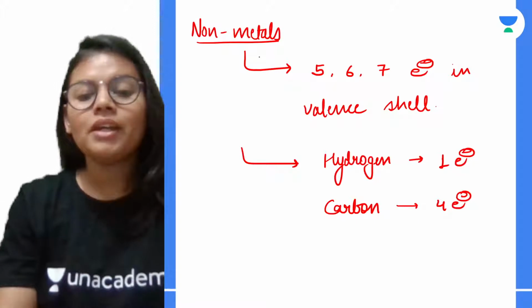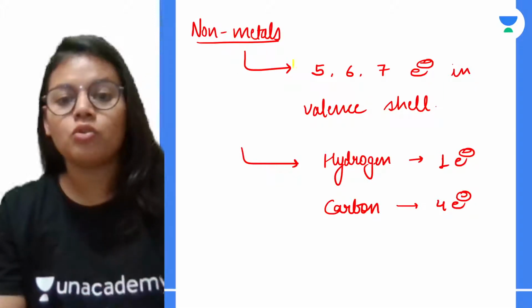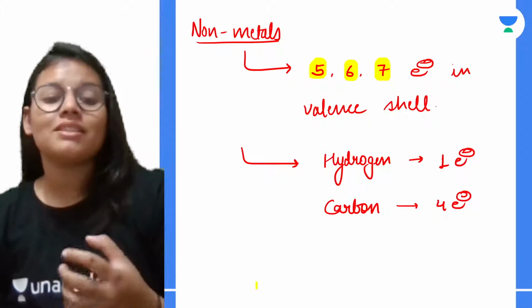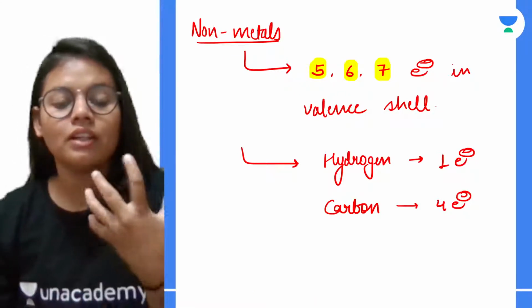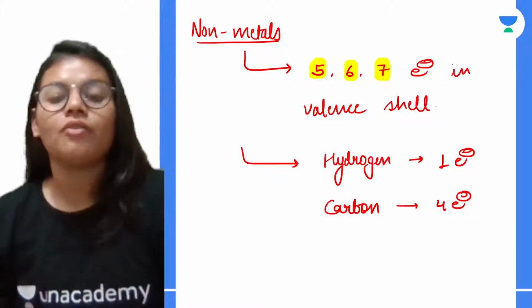Now if I talk about the outermost shell of non-metals, since they are having 5, 6 and 7 electrons, donation of electrons becomes very, very difficult. Why? Because of energy.